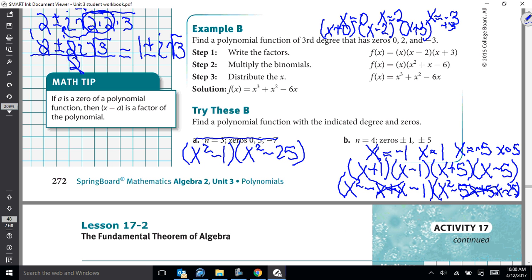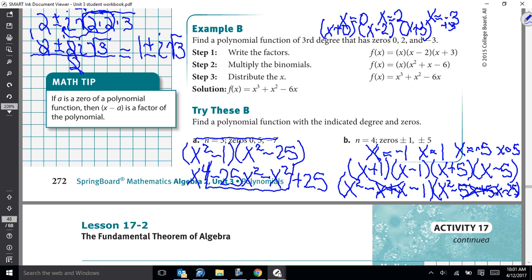So now we need to multiply these together because we don't have our whole polynomial. Those are only 2 steps. So now x squared times x squared. x squared times -25. -1 times x squared. And -1 times -25.